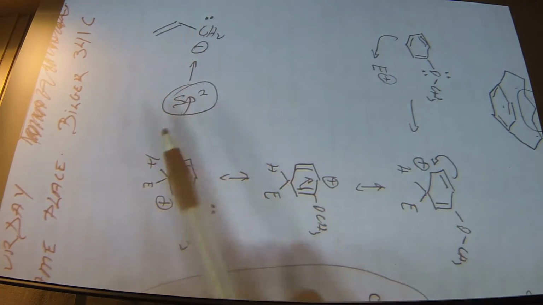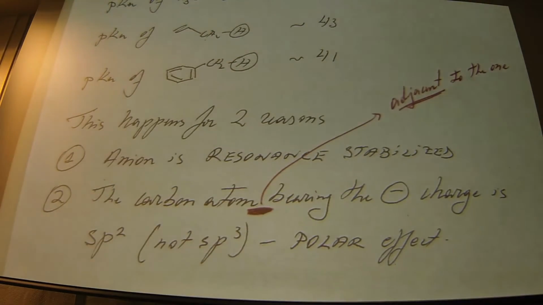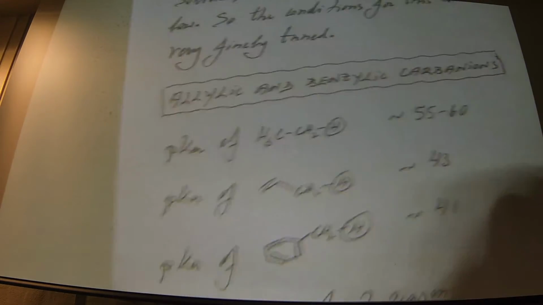And so, because it has a higher s character, it is able to support that charge more readily, but also the adjacent carbon is sp2 hybridized. And so it will inductively remove electron density from here. And so the fact that you have an adjacent sp2 carbon also contributes to the acidity of that proton. So for these two reasons, it's easier to pull a proton off of an allylic carbon or benzylic carbon than one that is non-allylic or non-benzylic.